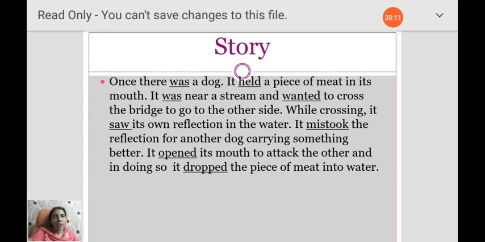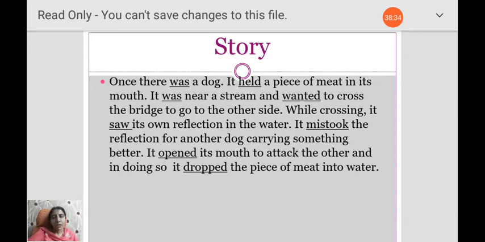It mistook the reflection for another dog carrying something better. It misinterpreted the reflection as some other dog in the water carrying something better than what the dog already had.